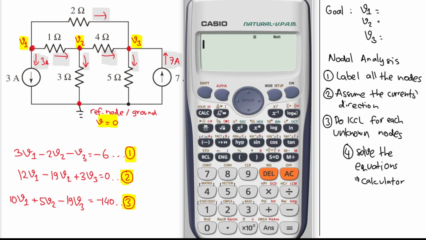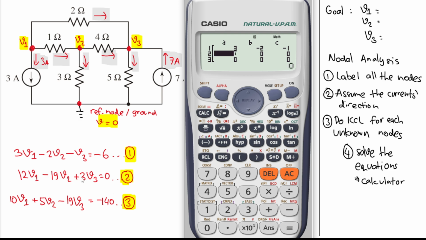Okay, let's take out our calculator and let's set this up here as equation solver. So this button and then number 5. And we have 3 variables, x, y, and z. In this case, V1, V2, and V3. So I will have equation number 2, so we will have this, and we can just plug the coefficient. I will have 3, minus 2, and then minus 1, and that will equal to minus 6.